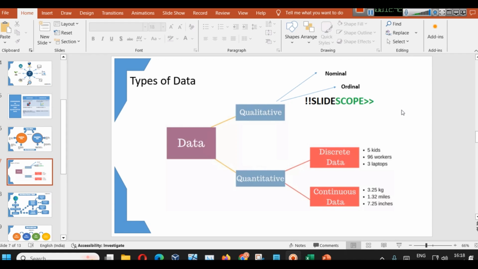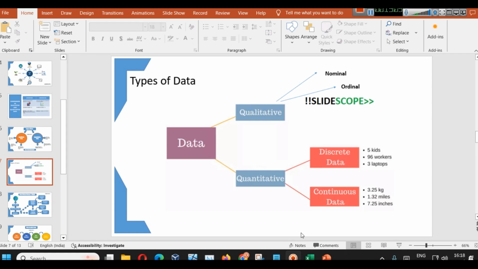You will never say I have 1.5 employees, right? You will never say I have 2.75 phones with me. Obviously, because it's a complete unit in itself. I have 3 laptops. So discrete data is something where you explain data like that.